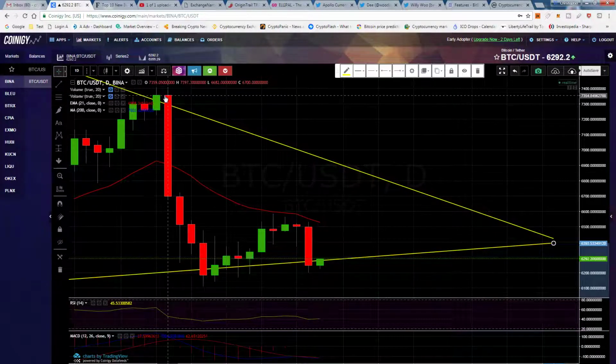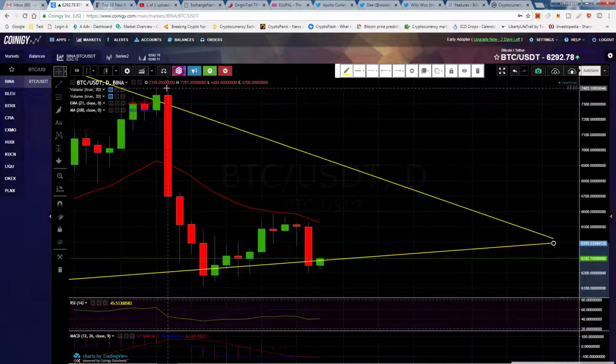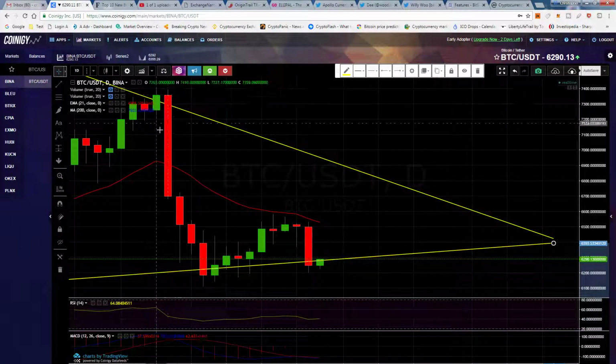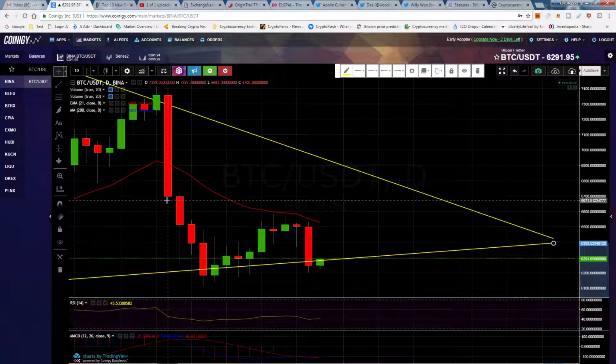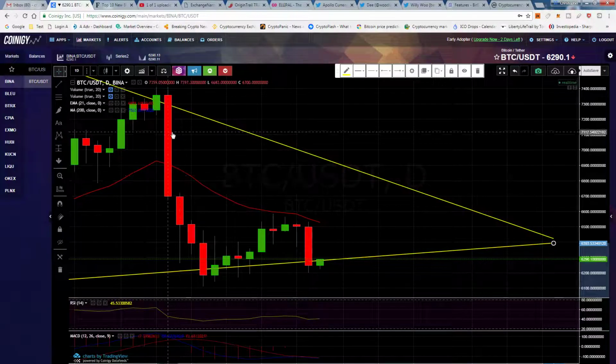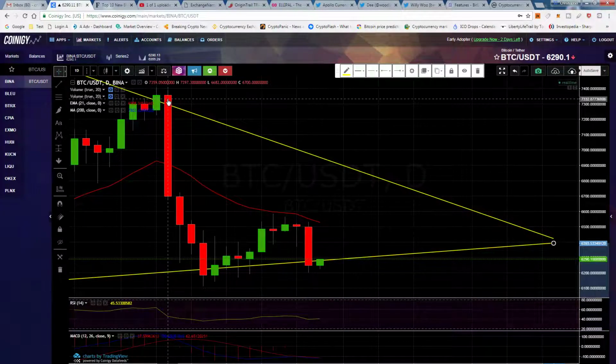So the open was 73.59, the high is the high of the wicks, 73.97, and the low is the low of the wicks, 66.82. You can just hover over it and you'll get the high. So this entire price action went from 73.97 to 66.82.